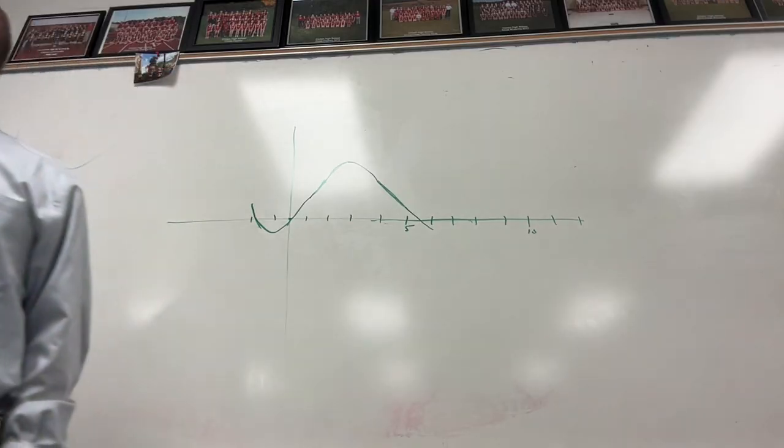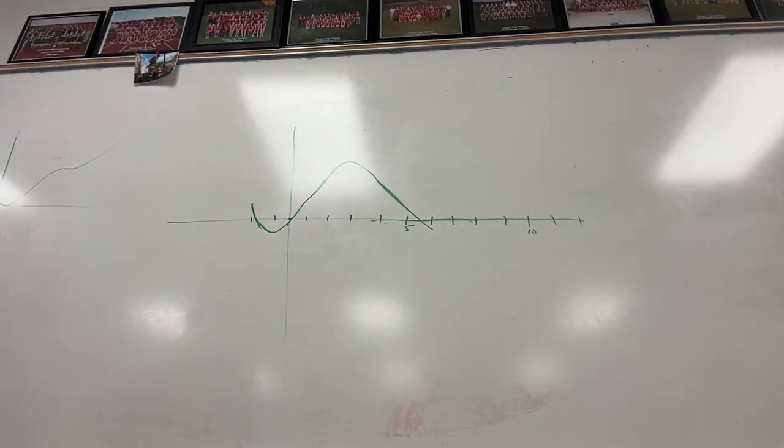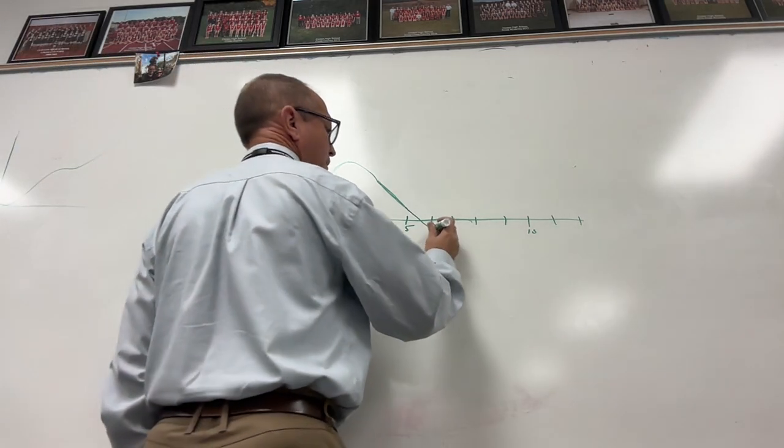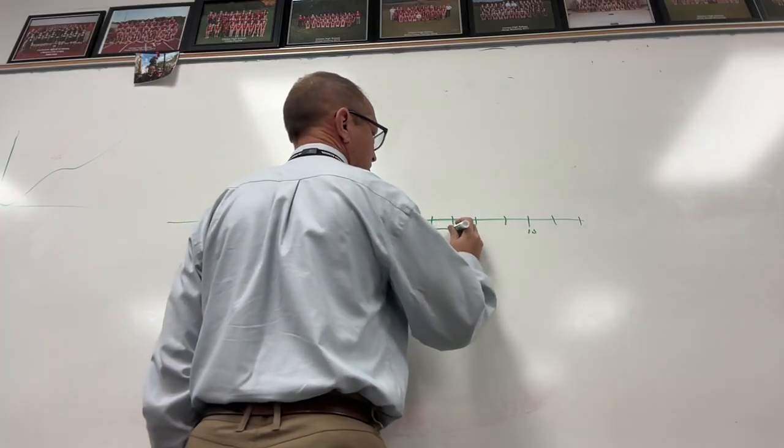Now, what happens from 6 to 8? It's horizontal. Exactly. Because my slope is 0 everywhere from 6 to 8.